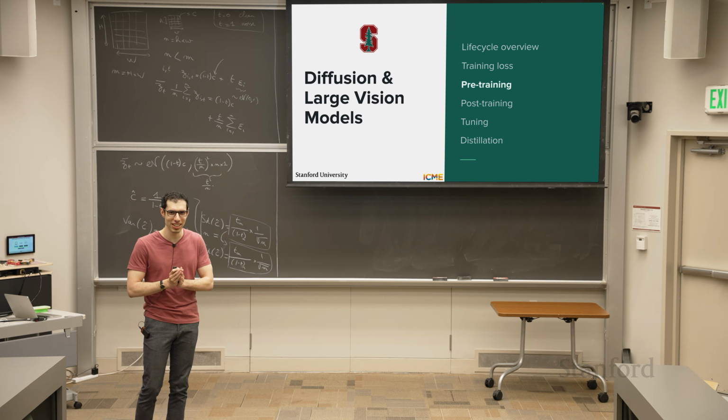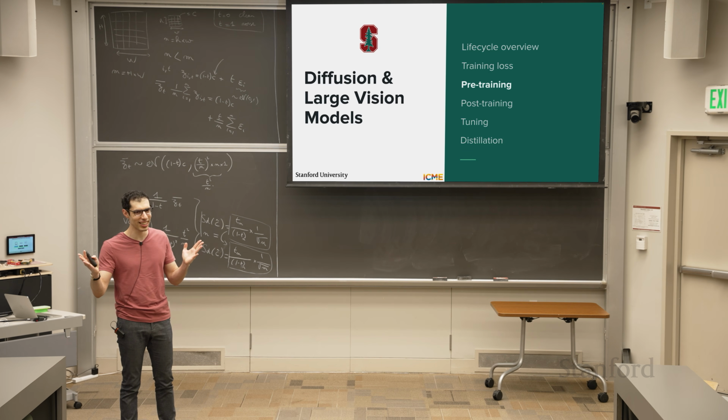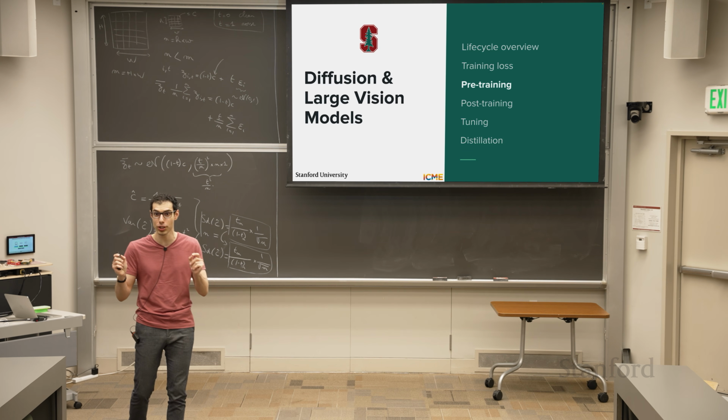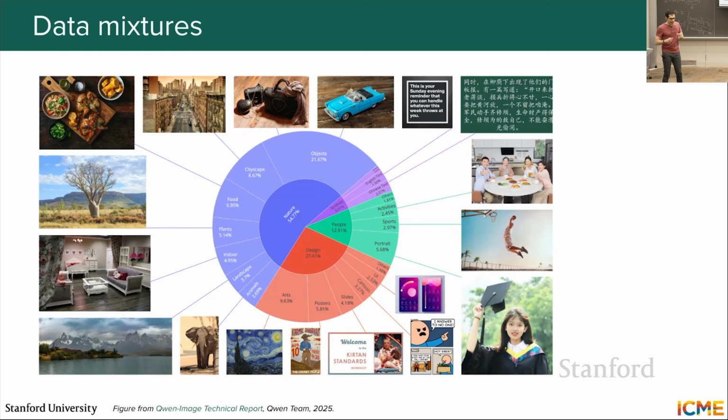So now we're going to start the first step of the training lifecycle, which is pre-training. And as a reminder, in this first step, the goal is to teach our model how to generate just images. Here, there is a lot of work that goes into what kind of images you want your model to learn from.